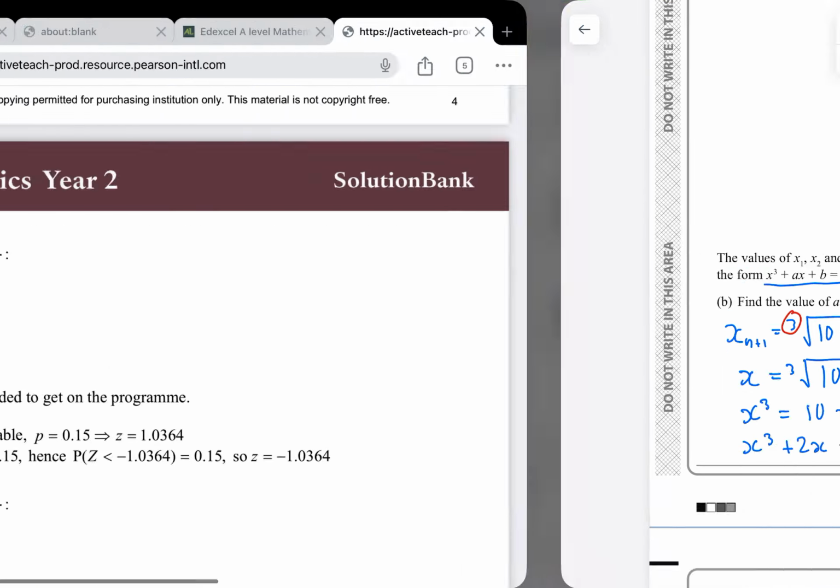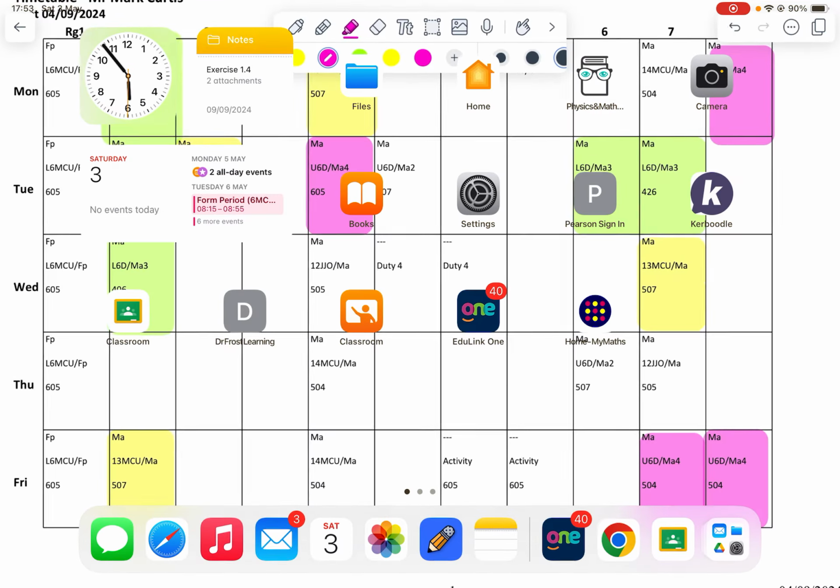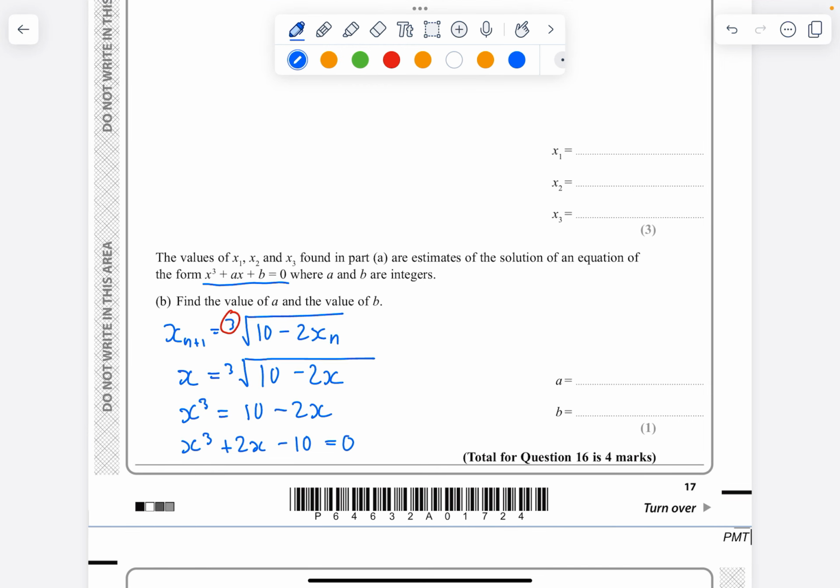Okay, so it's just the inverse of what we did before. So now, x cubed plus a, which multiplies x, means that a is 2, and b is the thing we're adding at the end, so that is minus 10. And we've answered our exam question.